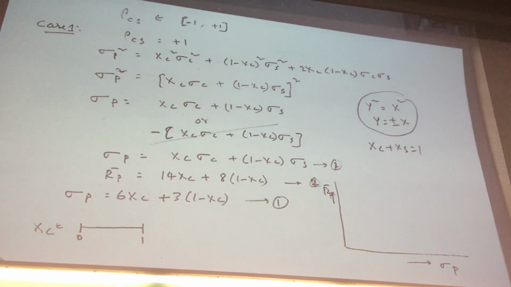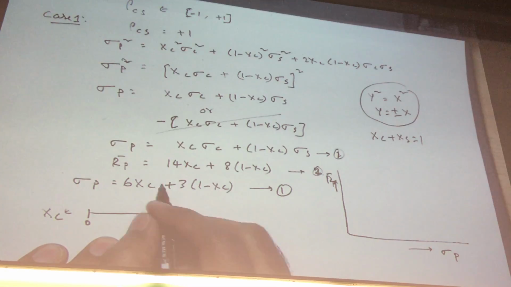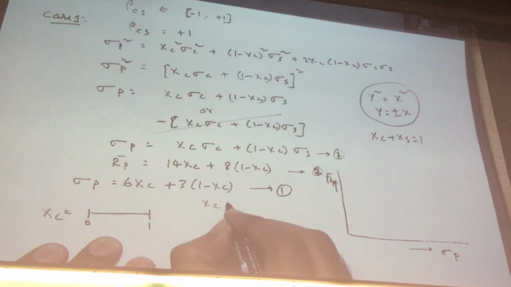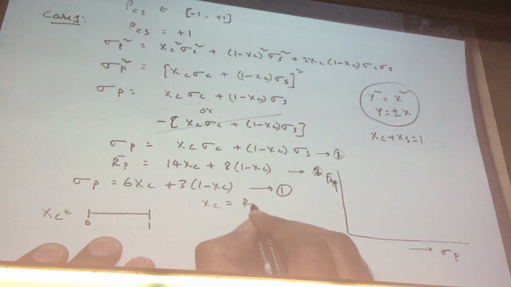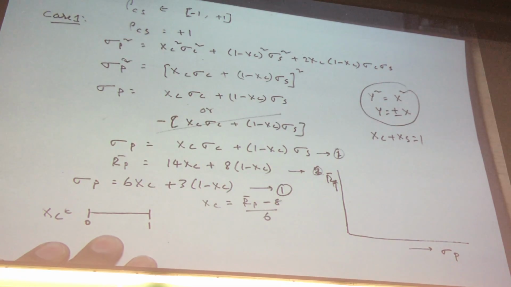And you can always eliminate xc by writing xc in terms of rp bar and substituting that value in sigma p, so that the xc term will be eliminated. If you do that, hope you can see this. I can always write xc equals to rp bar minus 8 by 6.